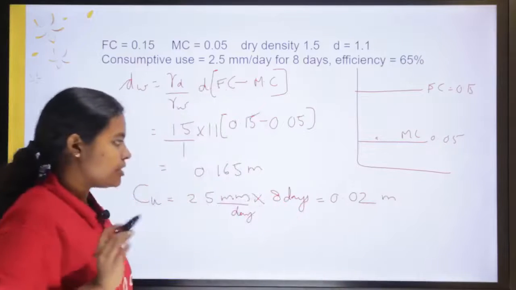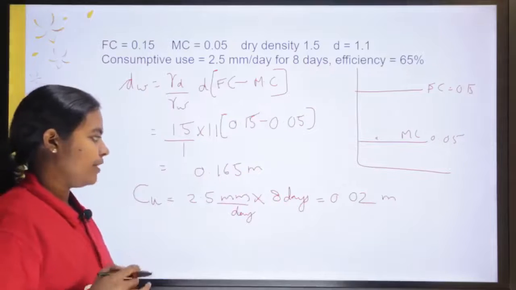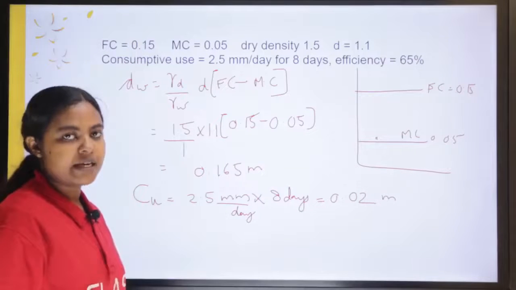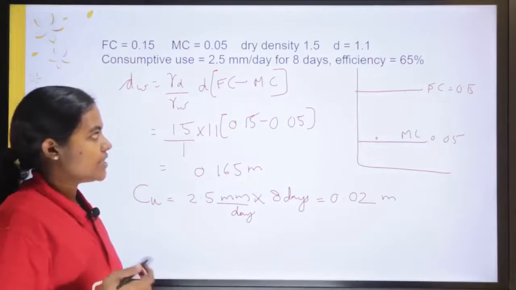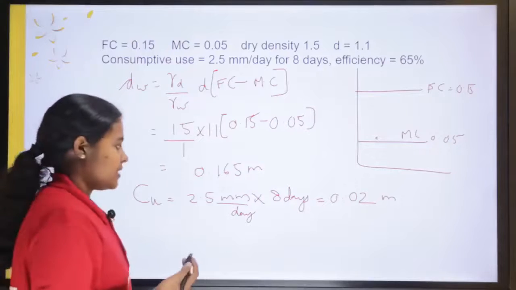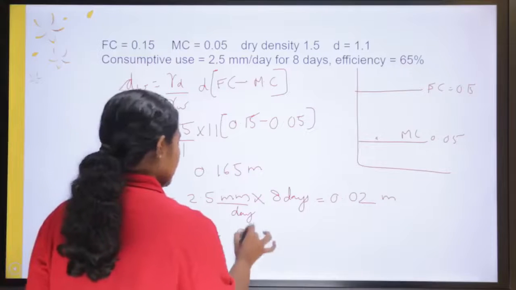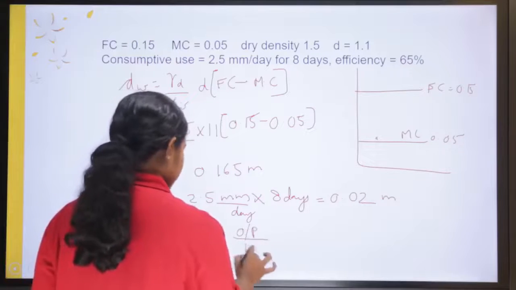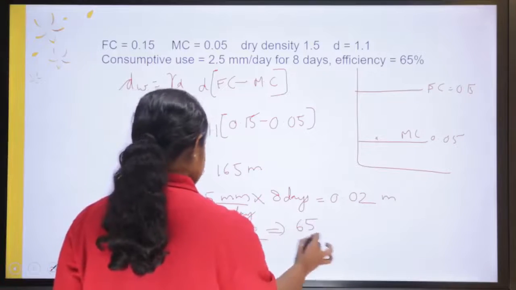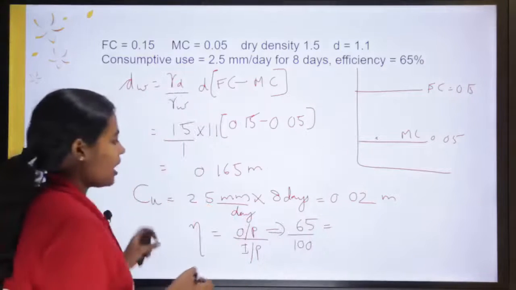Again we have to find out what is the depth of irrigation water to be supplied, because in this question the efficiency of irrigation is given as 65%. Now the efficiency of irrigation is always output by input. It is given efficiency is 65%, and what is the output?